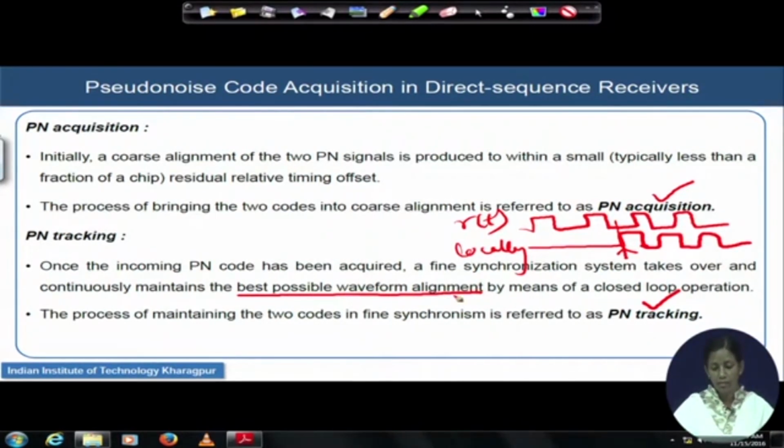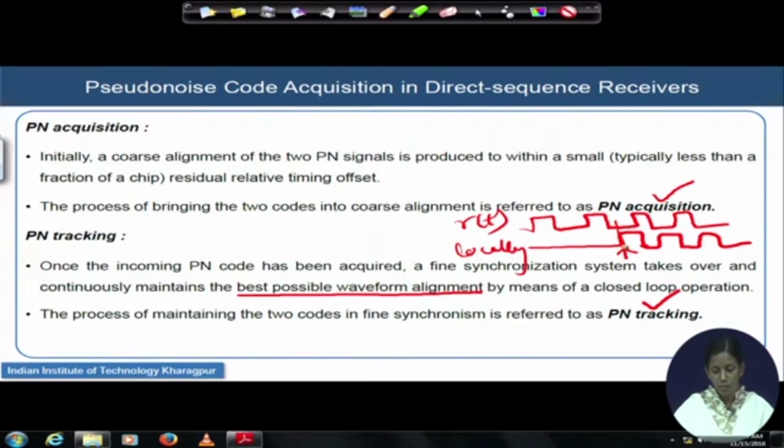Any changes in the received signal can happen because of the Doppler effect, because of change of the delay spread inside the channel, other issues coming from the wireless channel, and change of the velocity of the vehicle also. So whatever coarse alignment you do may be sufficient, but the residual error may keep on changing.